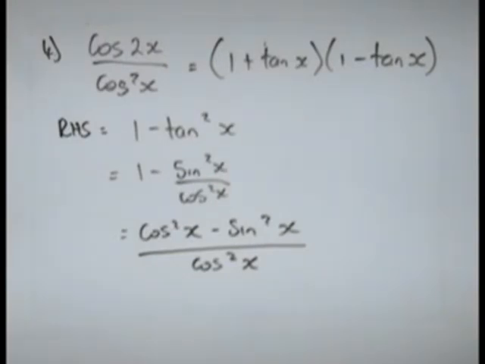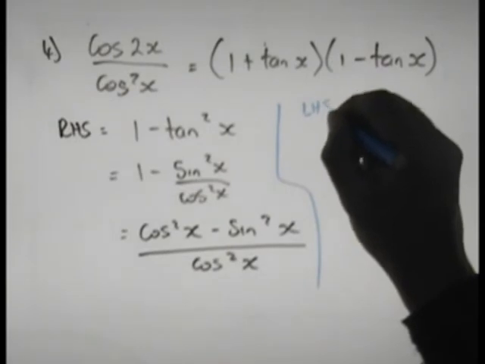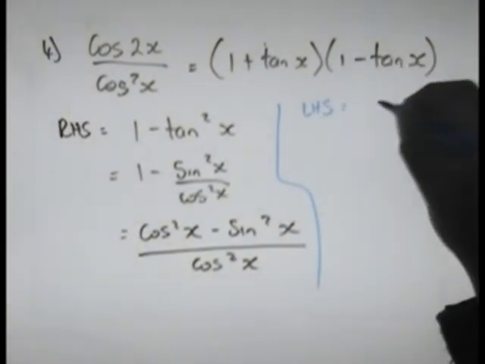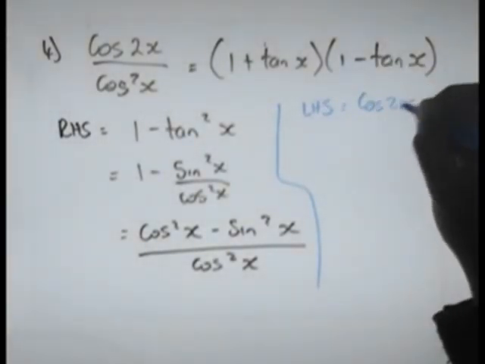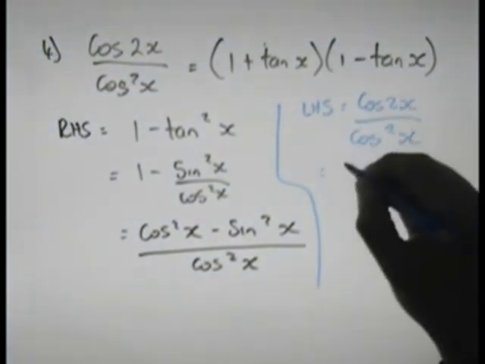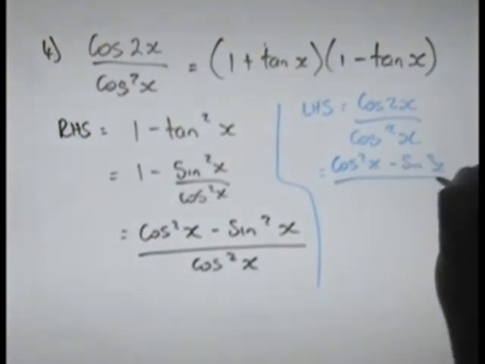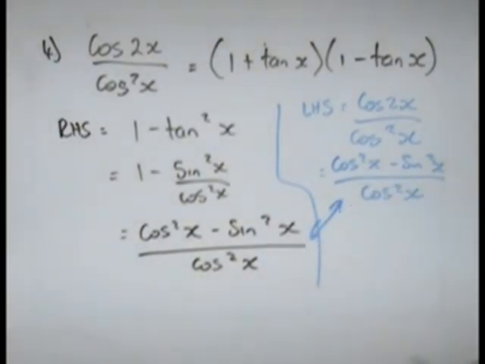Now start with your left hand side. You could have said left hand side is equal to cos 2x over cos squared x. Now cos 2x we know is the same as cos squared x minus sine squared x over cos squared x, which means that they are now equal to each other.